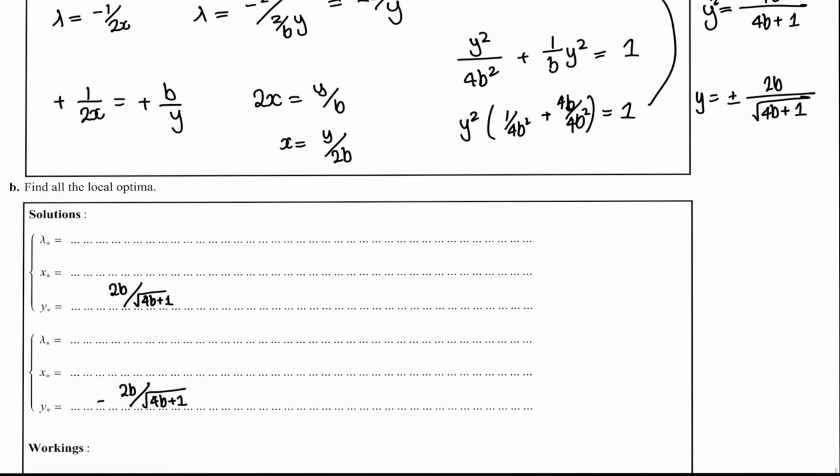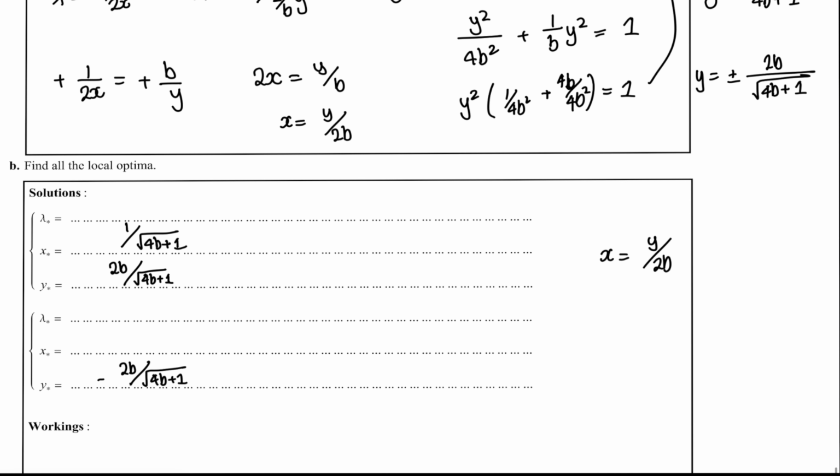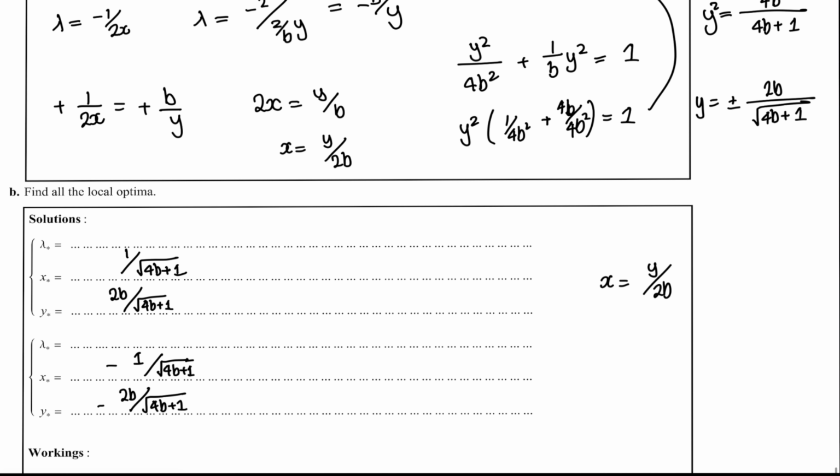If we now work out the x values, x is equal to y divided by 2b. So we would get 1 over root 4b plus 1 over here, because the 2b just goes. And over here we get minus 1 over root 4b plus 1. Now to find the values of lambda.